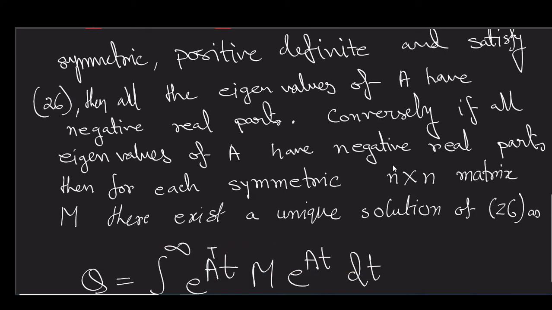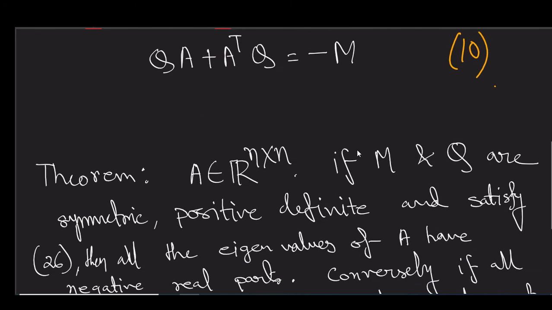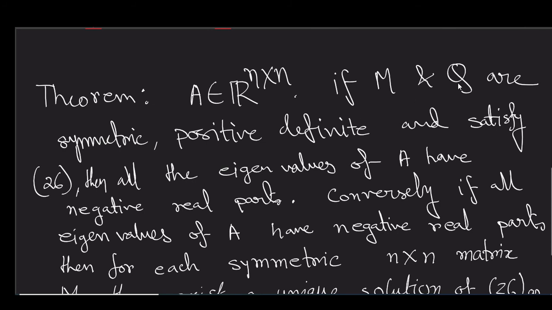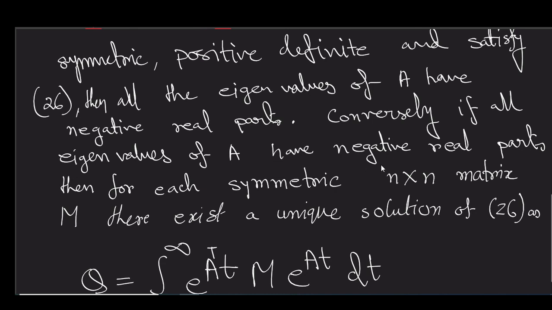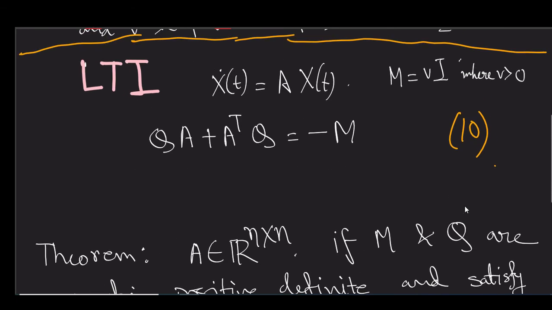Now the final theorem for linear time invariant system: given n cross n, M and Q are symmetric positive definite and satisfy that all the eigenvalues of A have negative real parts. Conversely, if all eigenvalues of A have negative real parts, then for each symmetric n cross n matrix M, there exists a unique solution.